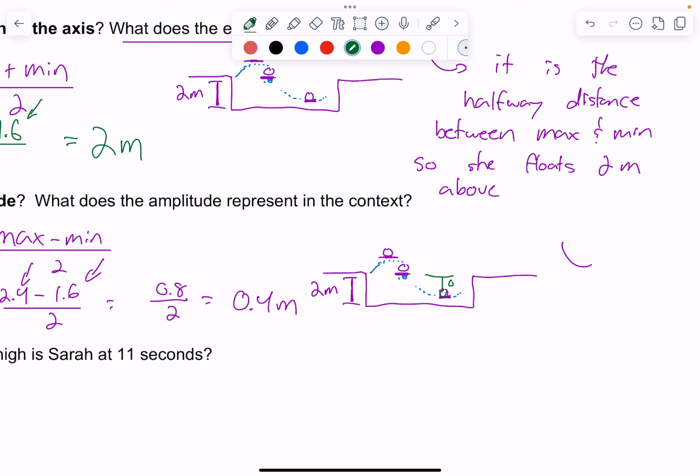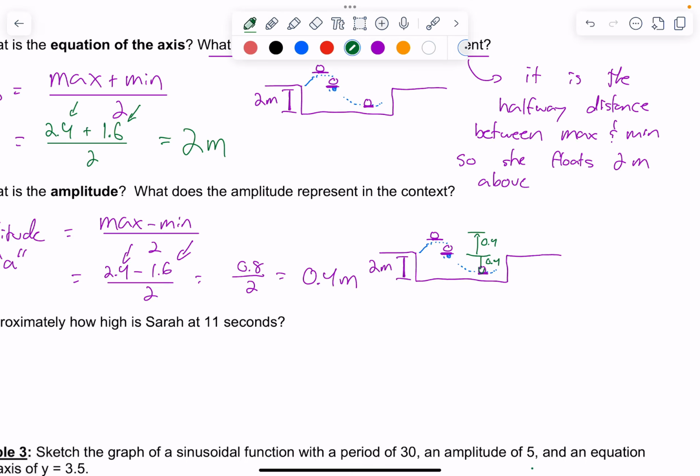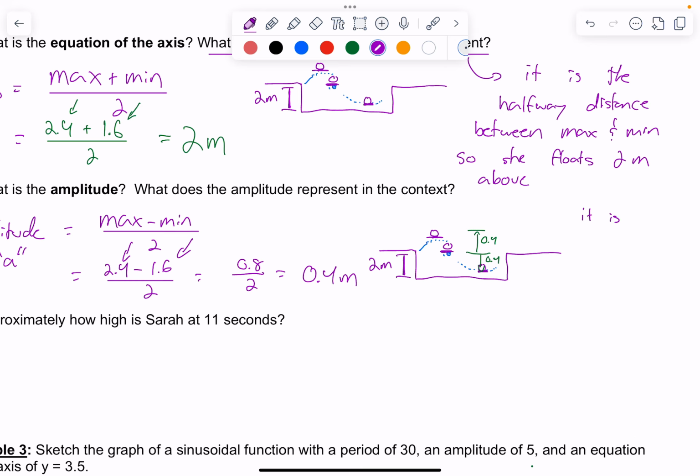That'd be 0.4. Or my halfway point to my maximum. That would be 0.4. So in the context of this problem, it is 0.4 meters from the axis to either the max or min.